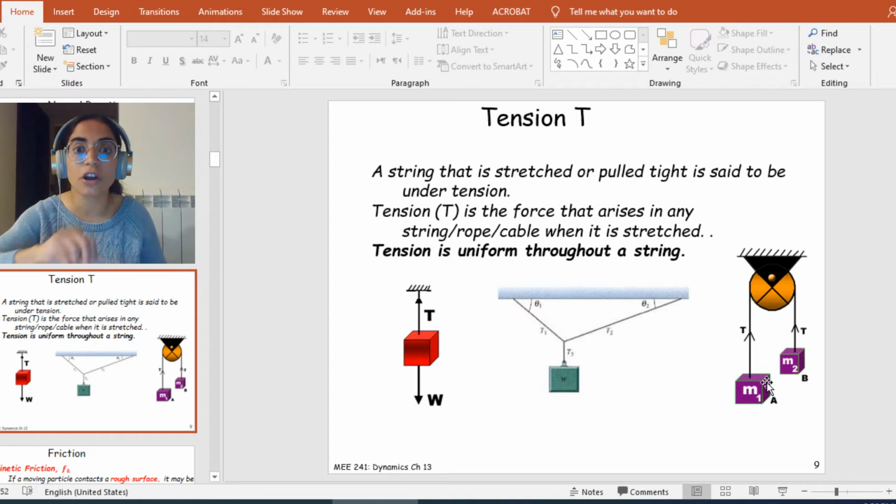Alright, so we're gonna discover how to find the tension inside these ropes, and we're also gonna make a small review because I'm gonna use, of course, the equations of motion from dependent motion of chapter 12 and put them here in order to find, for example, one unknown and these forces like the tension.